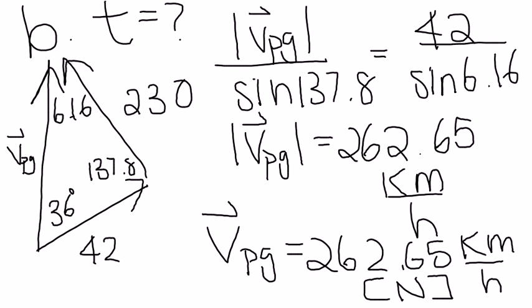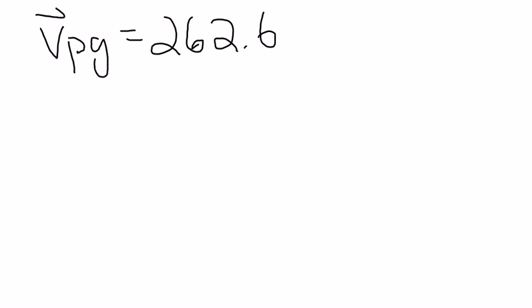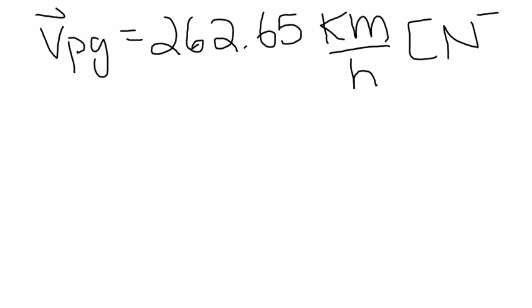So now that we know that, we are going to solve for time. The velocity of the plane to the ground is 262.65 kilometers per hour north.